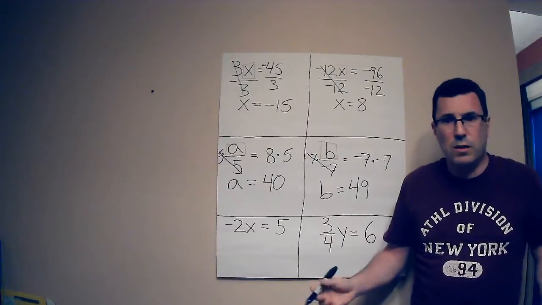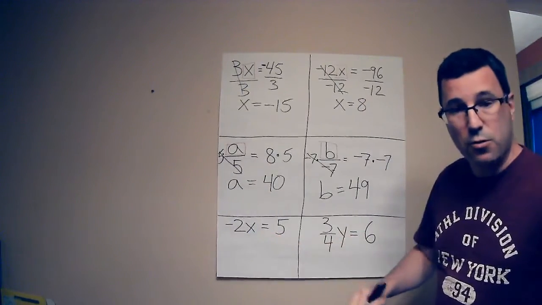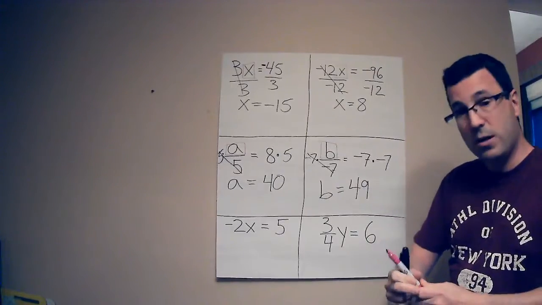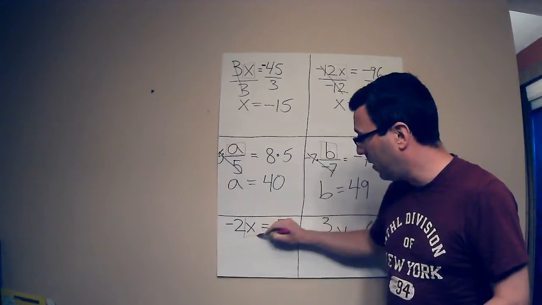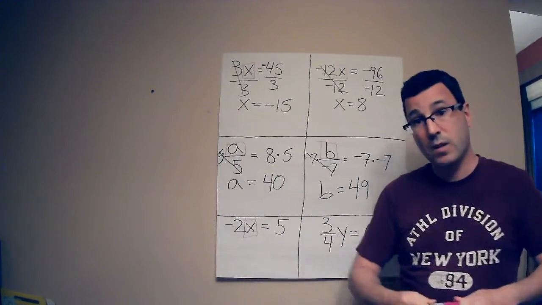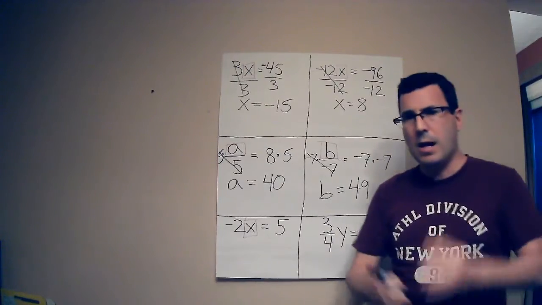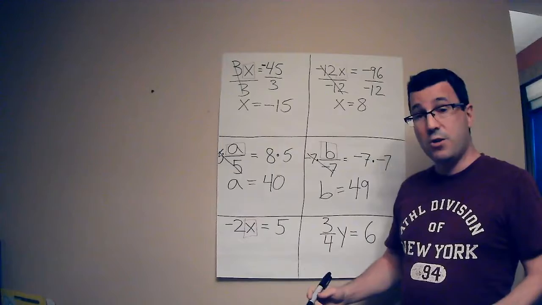Looks relatively simple. Alright, I have here negative 2 times x. My variable is x. I don't want to move it. It's got to stay there. I want x equals, that's going to stay there. What operation's going on?